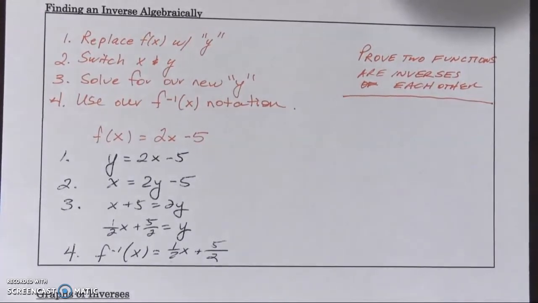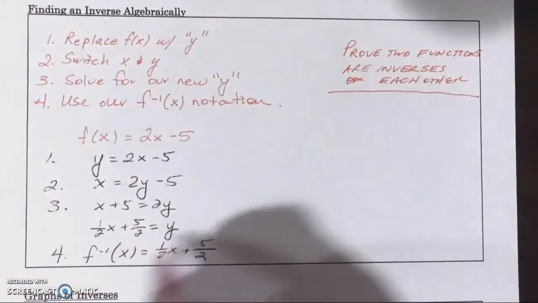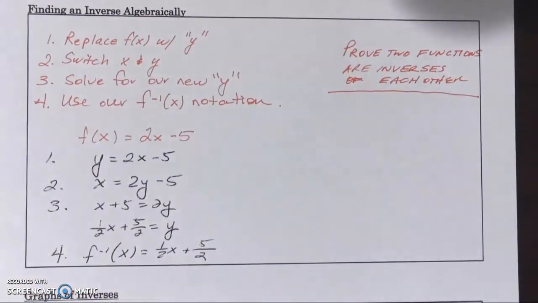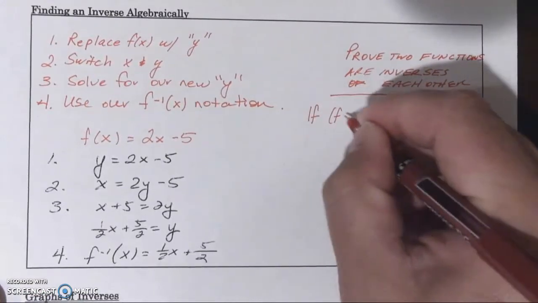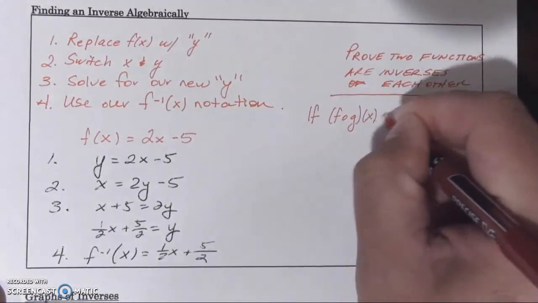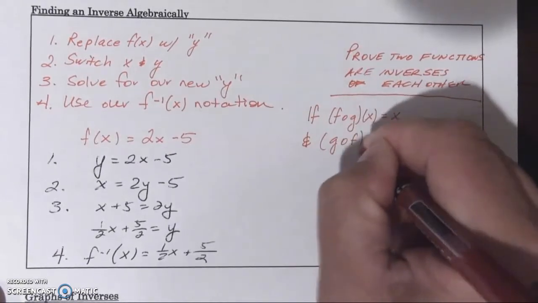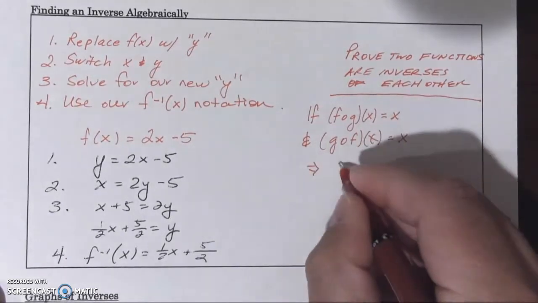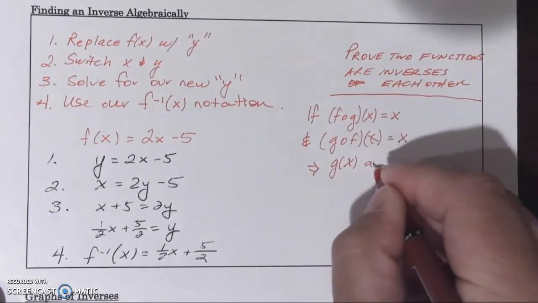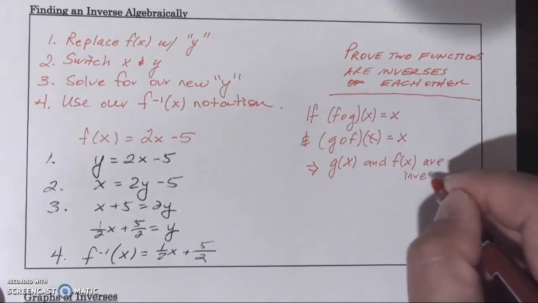The way that we prove that two functions are inverses algebraically, we do not follow these steps. Okay, this is a different type of thing with a different type of question. If f of g of x equals x and g of f of x equals x, then g of x and f of x are inverses.